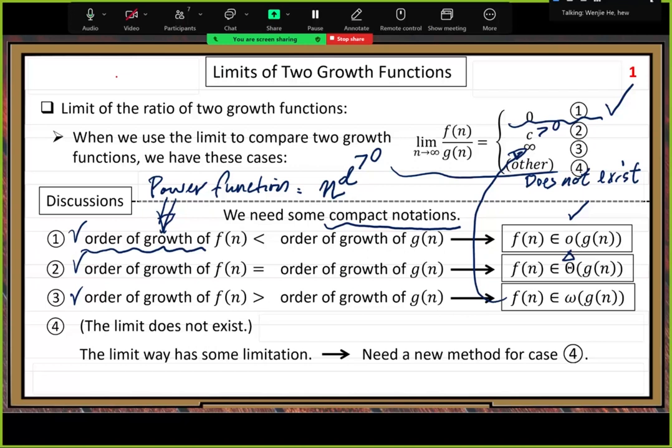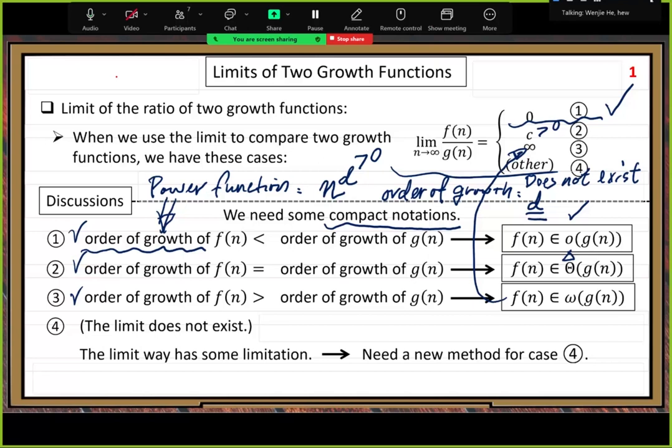So n to the d is a power function. For this power function, we can define order of growth easily. The order of growth is this d. The exponent is the order of growth. This is the easiest way, so you can get a specific number for the order of growth.